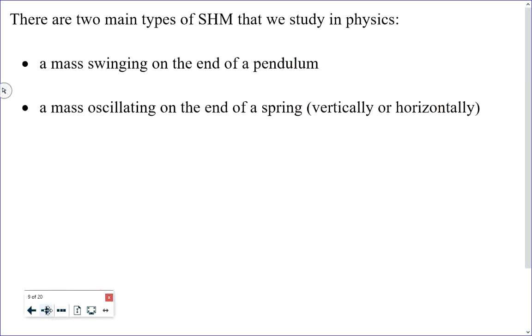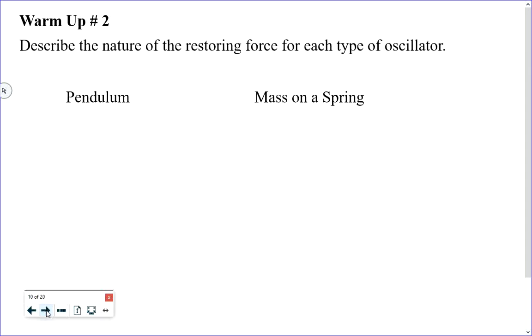So before we get to two very quick examples, we've already talked about masses on the end of a pendulum and masses oscillating on the end of a spring. Those are the two types of simple harmonic motion that we will study in high school physics in detail. What is the nature of the restoring force on each oscillator? Well, the restoring force for a pendulum is related to the force due to gravity.